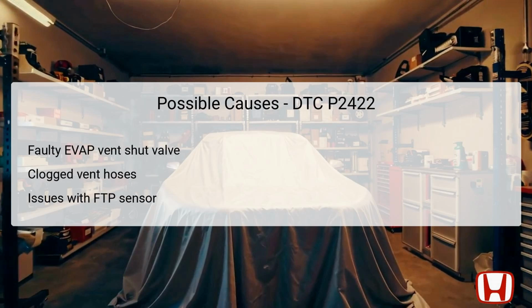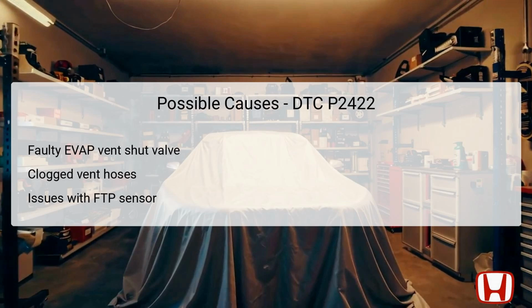There are several outlined causes contributing to the P2422 error code. First, a faulty EVAP vent shut valve may become mechanically jammed or electrically inoperative, preventing it from functioning correctly. Such a failure can lead to indications that the valve is stuck closed. Second, clogged vent hoses may disrupt airflow and pressure readings essential for proper EVAP system operation.